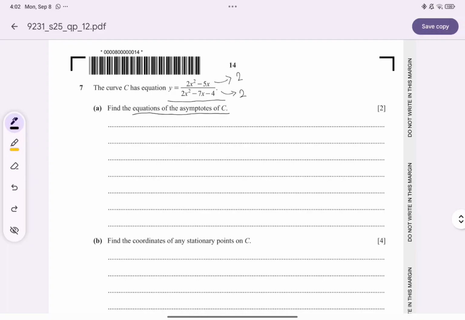Or we can just divide the coefficients of the numerator and denominator by each other. So 2 over 2, we will get y equals 1 as our horizontal asymptote.